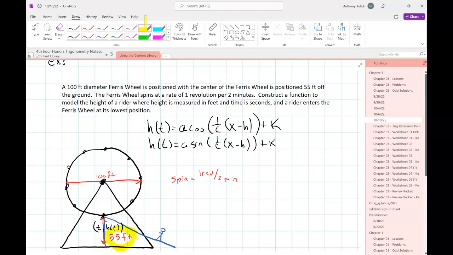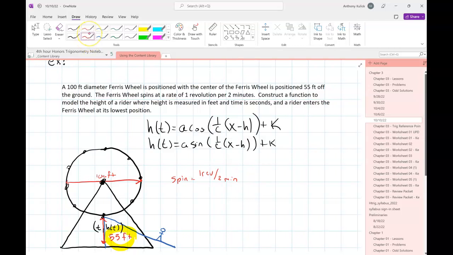So I think this is the most obvious. What is the height off the ground relating to? What do you guys think? Should be K, right? Because all that's doing is taking all the heights on the Ferris wheel and shifting them up 55 feet, right? Whatever the heights would have been if it was starting at the lowest point at 0 versus 55 feet off the ground, all the heights are going to stay just shifted 55 feet, right?